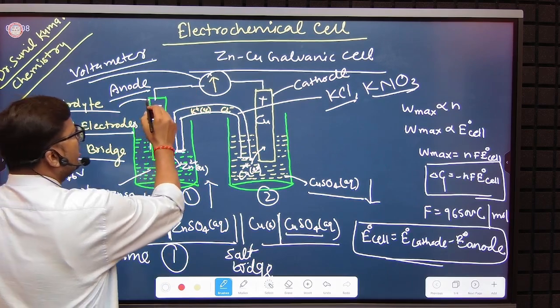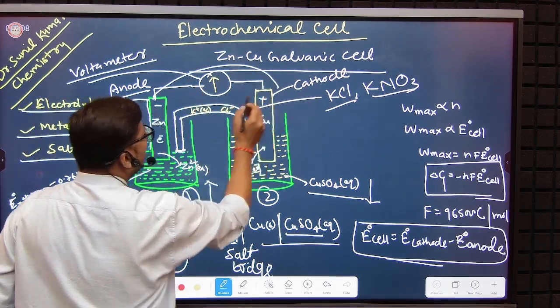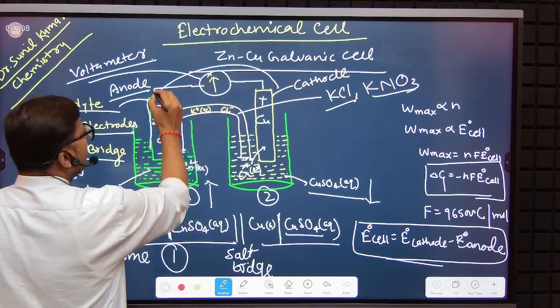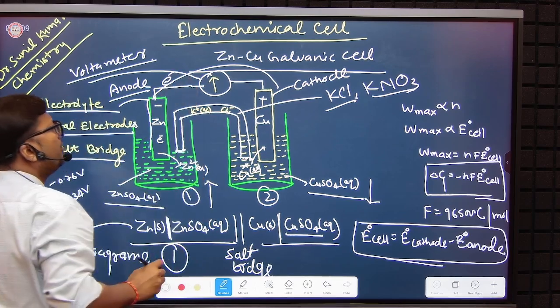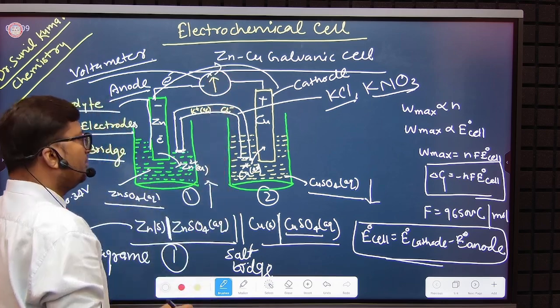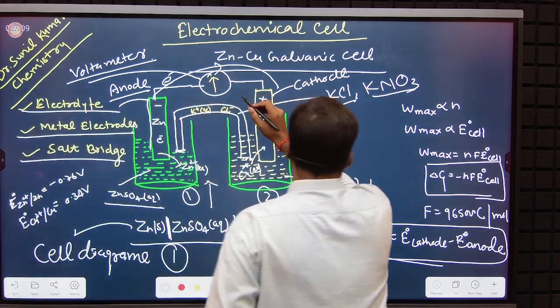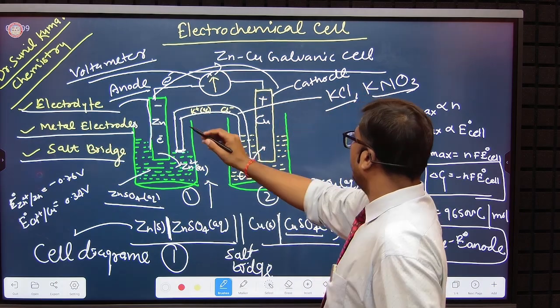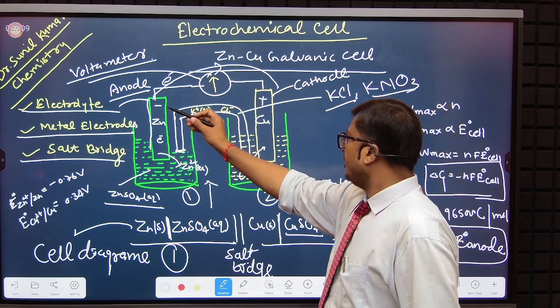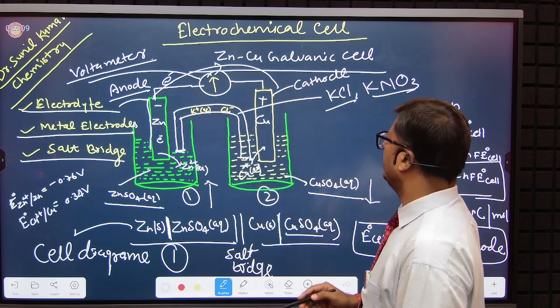So this is the external circuit, from anode to cathode, right? Electrons always travel from anode to cathode. For a zinc copper galvanic cell, the electrons are transferred from this anode to cathode.